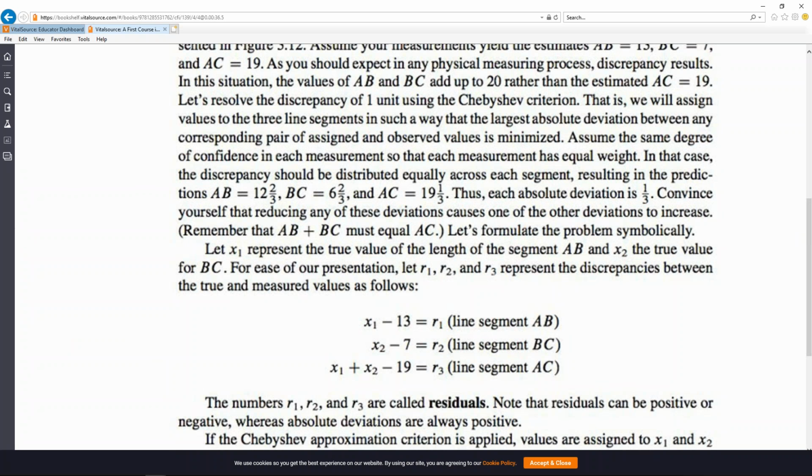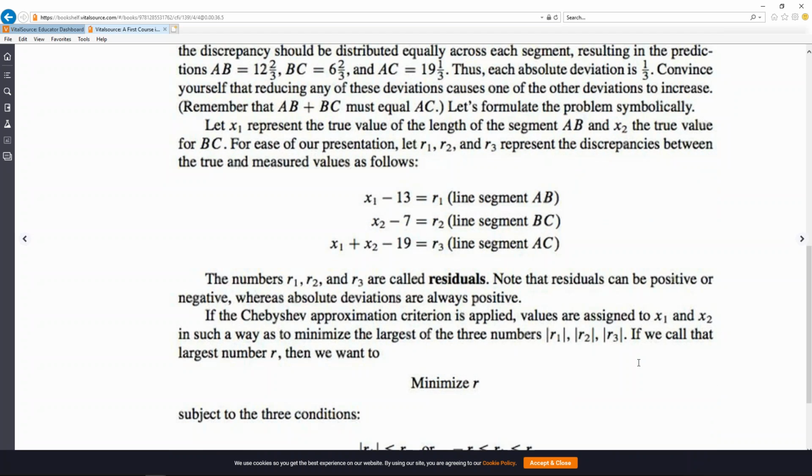Okay, so that is the target. This is already telling us some sort of solution, but let's look at how this is formulated. Suppose that we let x1 represent the true value of the length of segment AB, and x2 be the true value of BC. Then x1 minus 13 is the residual, the discrepancy between the true and the measured value.